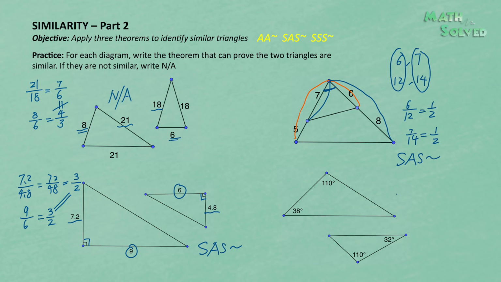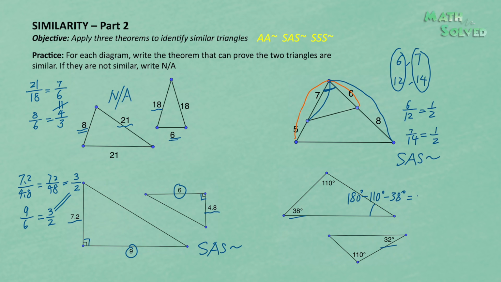The last diagram is also a little bit tricky. Some students just jumped into the conclusion that these two triangles are not similar because they noticed 38 is not equal to 32. But that is not right. We do need to look at what is going on for this angle here. And this angle is equal to 180, subtract 110, subtract 38.